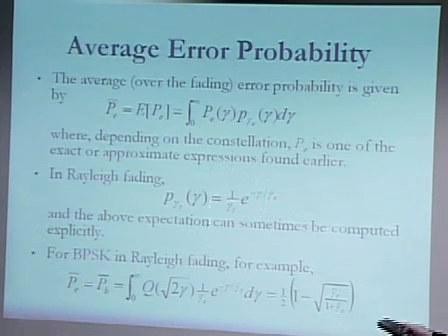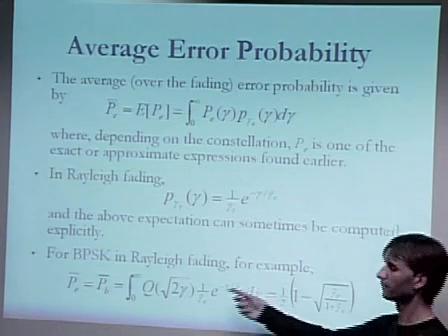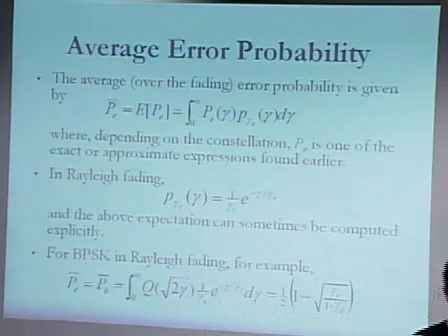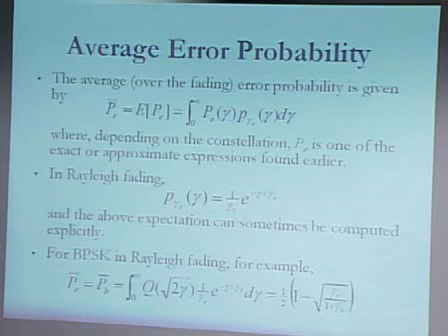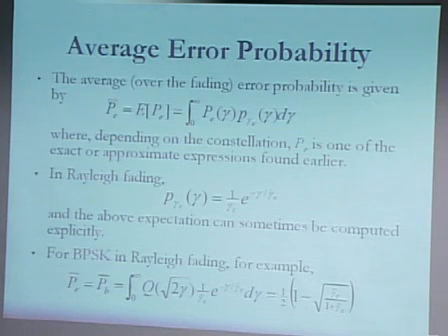So this is a tough integral. You have to integrate the Q function, but it can be solved in closed form. It takes a lot of work, and the answer is surprisingly simple. It's 1/2 times 1 minus the square root of gamma s bar divided by 1 plus gamma s bar.